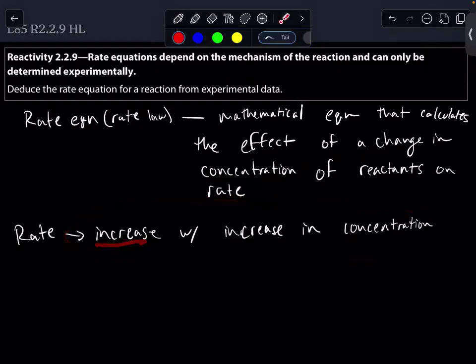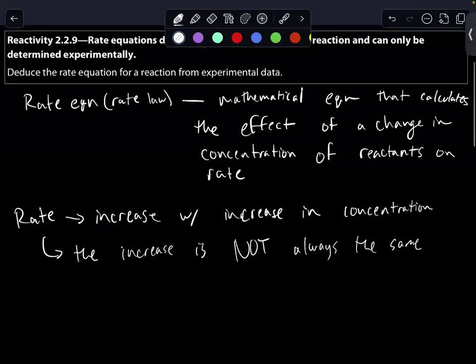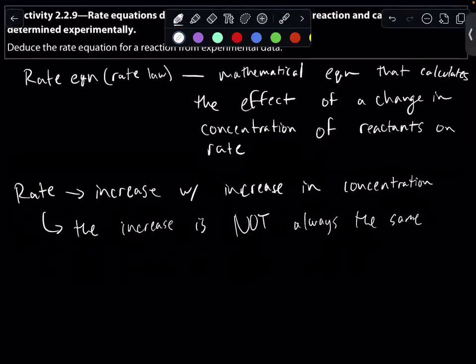So an increase in concentration increases the rate. But the increase is not always the same. It varies from reactant to reactant and from equation to equation. So we have to figure out how to account for those changing situations.